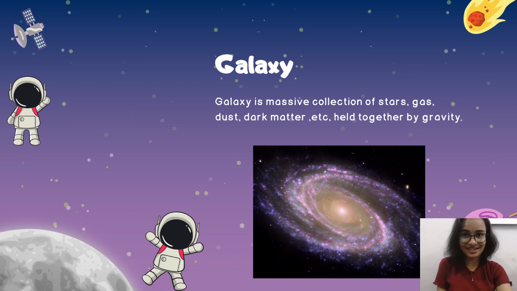Can you just imagine it? One more interesting fact is our observable universe has more than 2 trillion galaxies. I hope now you can imagine how big our universe is.